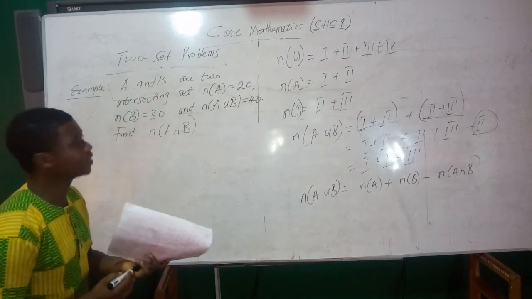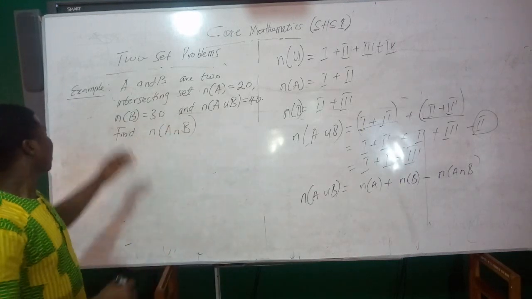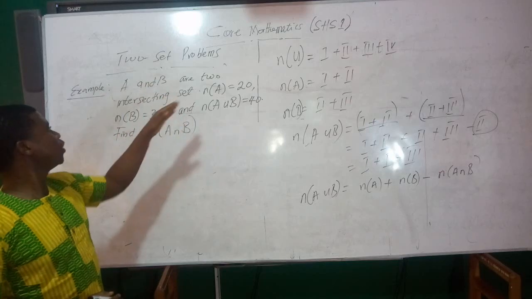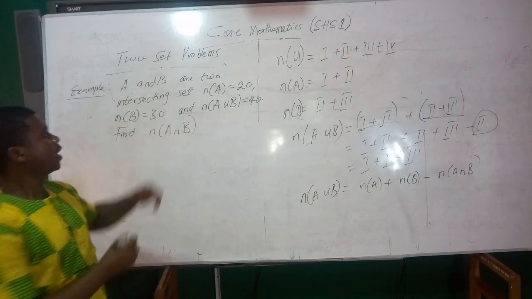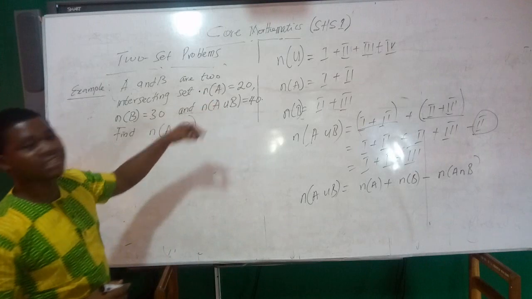Now let's look at the question. We are saying that A and B are two intersecting sets, and you are given this information.